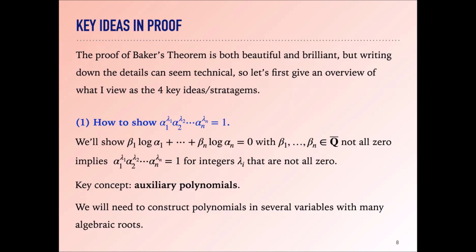There's a very indirect procedure by which you show the lambda i's exist. And the key concept here is the use of auxiliary polynomials. We will show that it suffices to prove that there exists a polynomial satisfying certain properties, having lots of roots of a specific form, and that the existence of a polynomial with roots of that form implies the existence of lambda i, giving this dependence. So auxiliary polynomials are the crux of this proof.